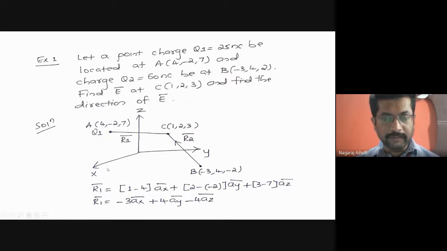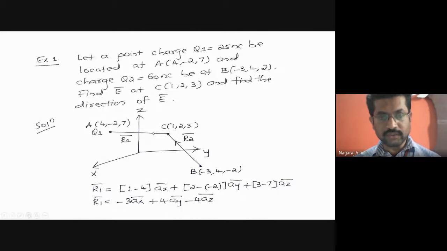Now how to proceed? First, let us find the distance vectors from Q1 to C, that is A to C, and from B to C. The distance from A to C, R1 bar, is equal to destination minus source.